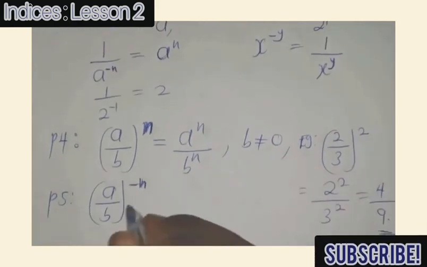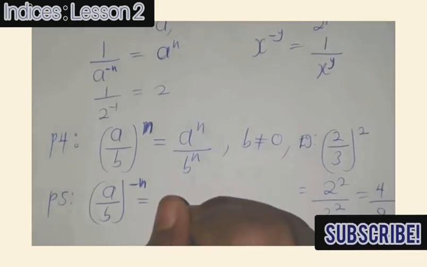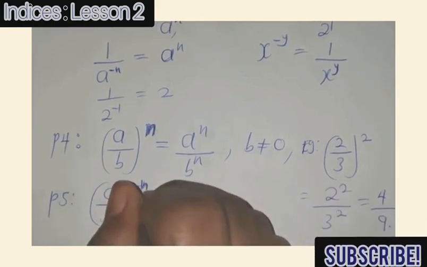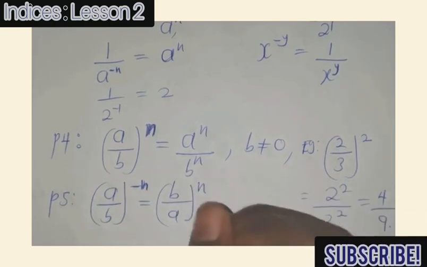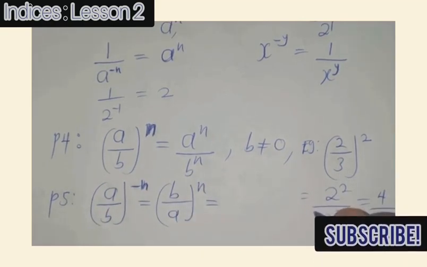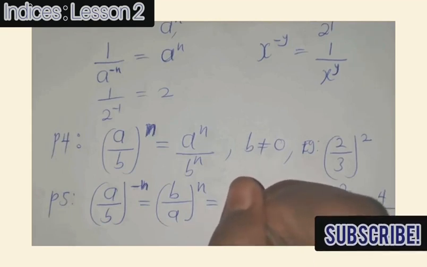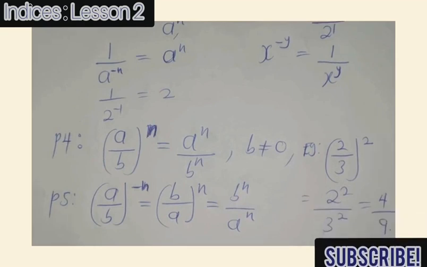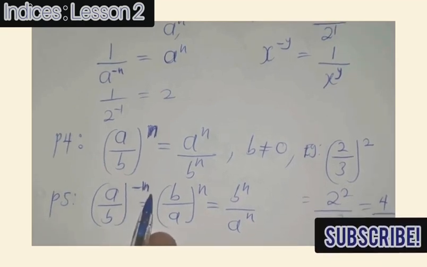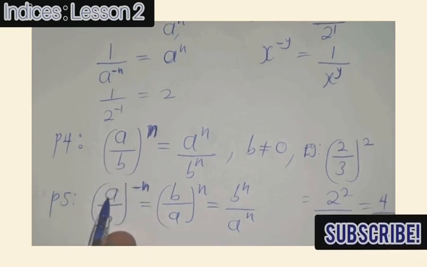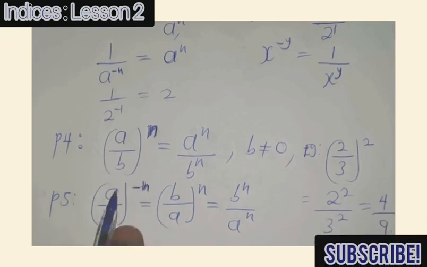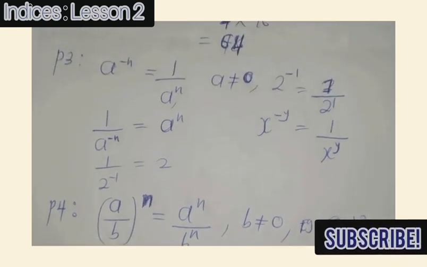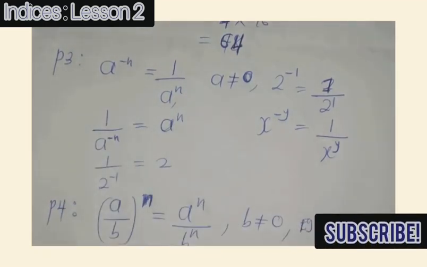Or better still, find the reciprocal of the fraction. So here, if I find the reciprocal of the fraction, it becomes b over a. And immediately I find the reciprocal, this negative n becomes positive n. Therefore I can stick to my property 4, and it becomes b raised to the power n over a raised to the power n. Or with property 4, you apply the negative exponent n on both bases, and after that you think of your property 3, which you'll have in this form, then you change them to this form.